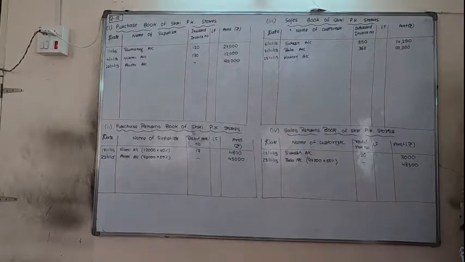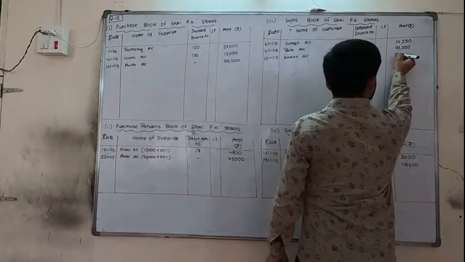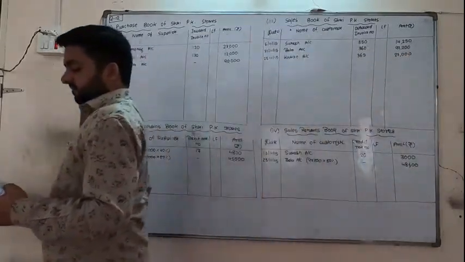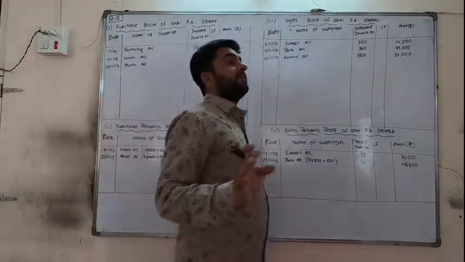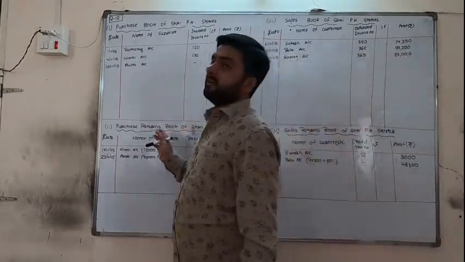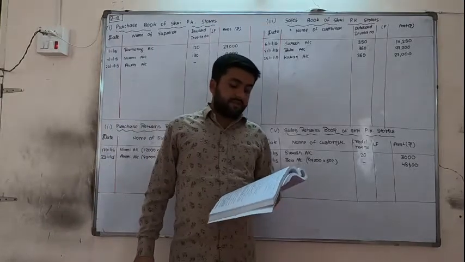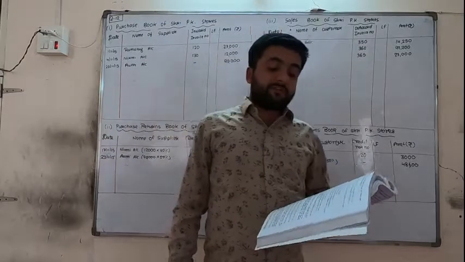Bill number is 365 and goods were of 27,000. 26, cash purchase and cash sales, I am ignoring that. Why? Because here only credit purchase and sales are recorded, so this cash purchase and cash sales will be ignored.